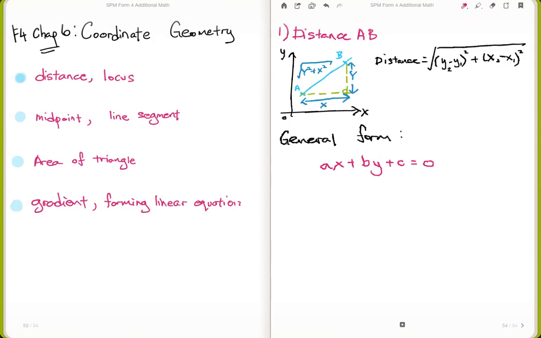Locus is similar to distance. Now, I'm going to show you an example. Say you have a point A, maybe (4, -3).